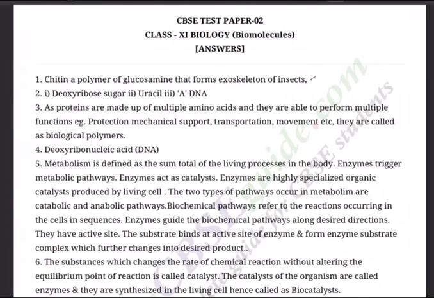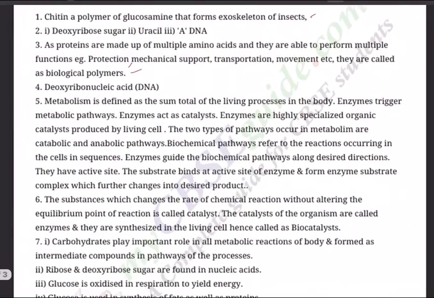And third one is adenine. Question 3, as proteins are made up of multiple amino acids and they are able to perform multiple functions, that is protection, mechanical support, transportation, movement, they are called biological polymers.